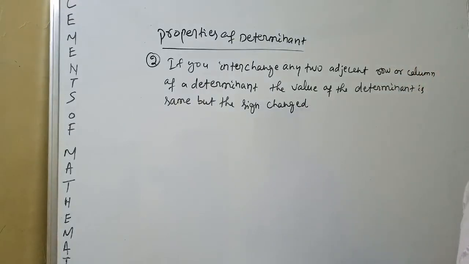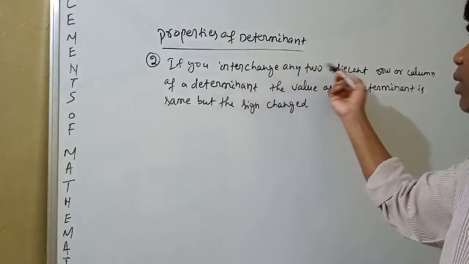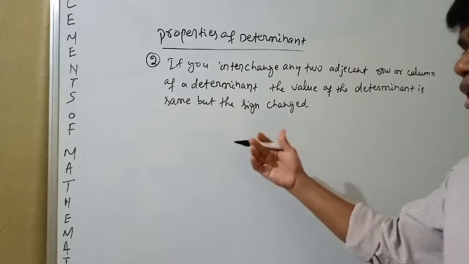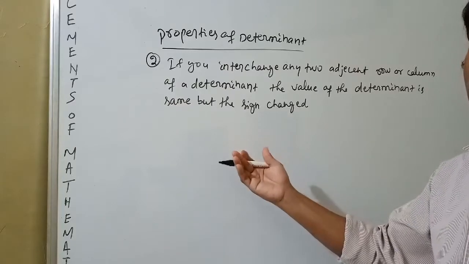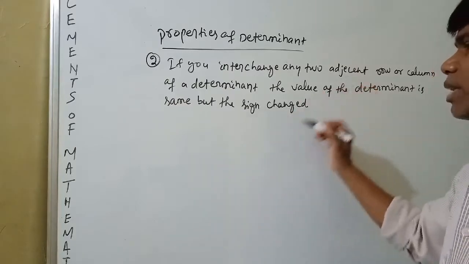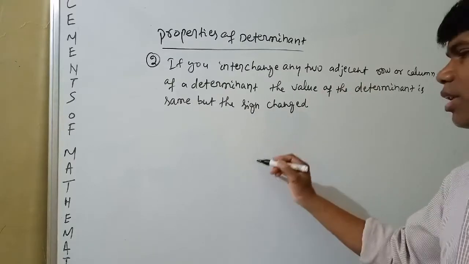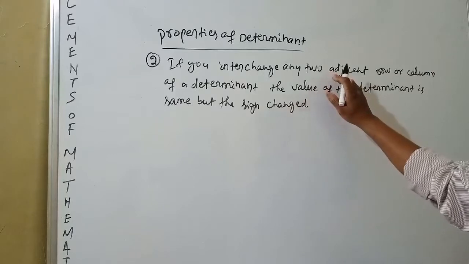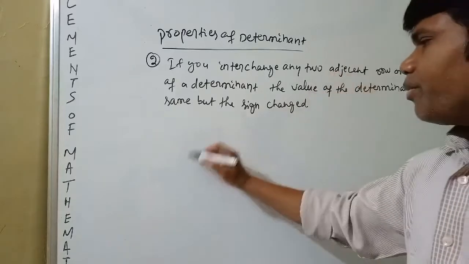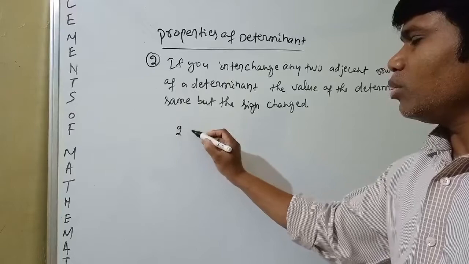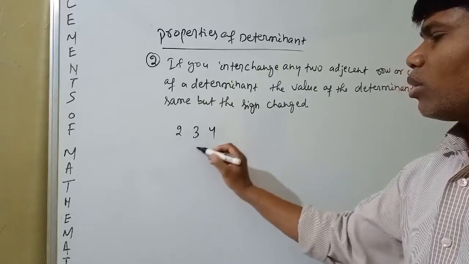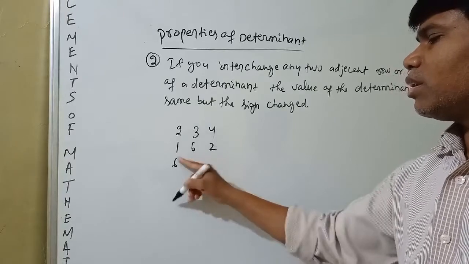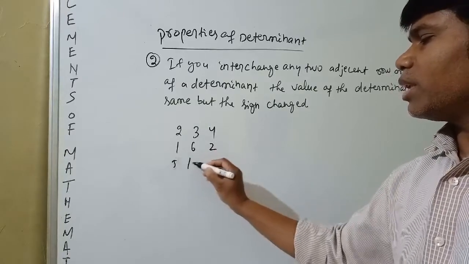If you interchange any two adjacent rows, what is the meaning of adjacent? Just side by side. Take the rows 2 3 4, 1 6 2, 5 1 3.